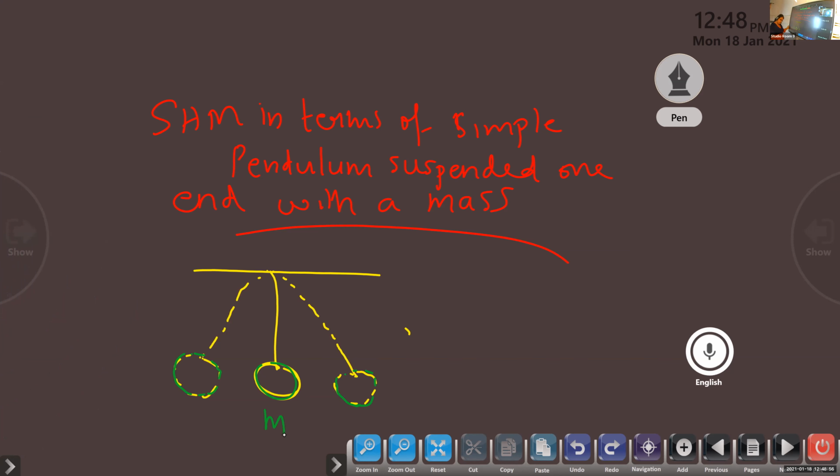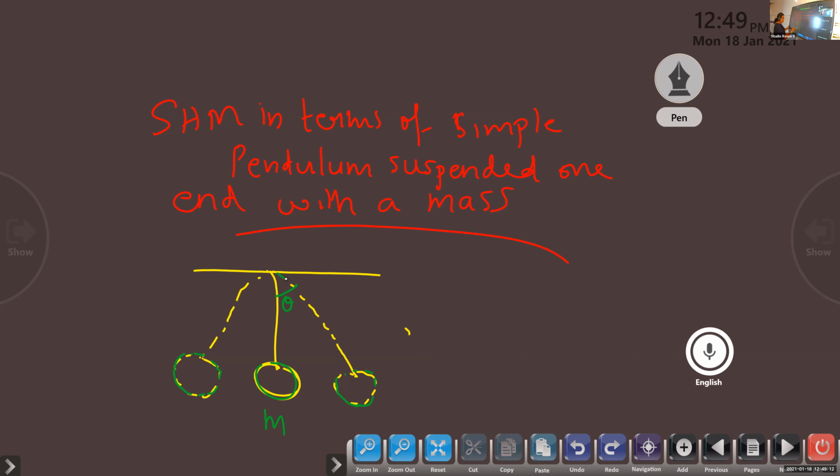Then mark angle theta between the vertical line of the simple pendulum and the shifted position. It's making an angle theta.